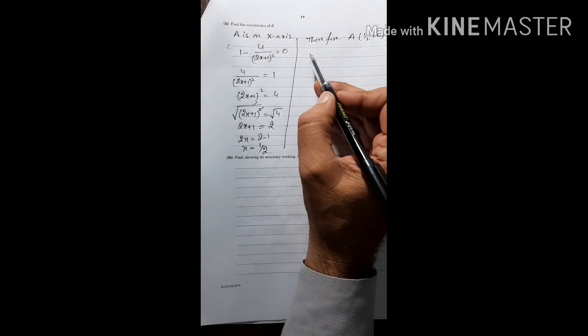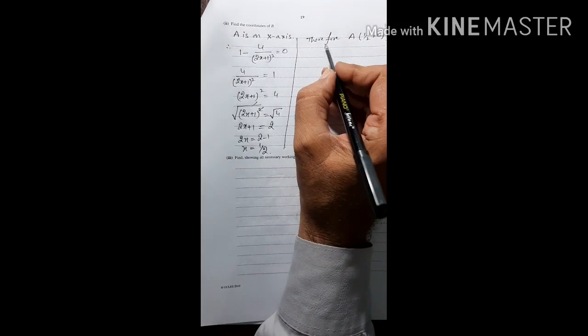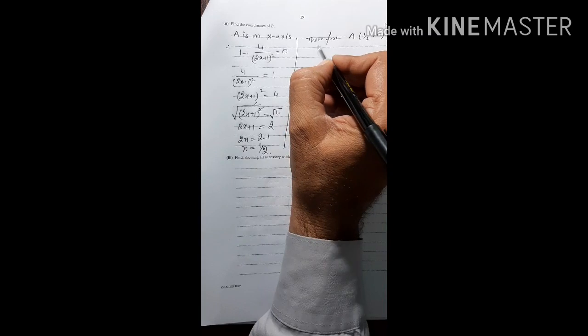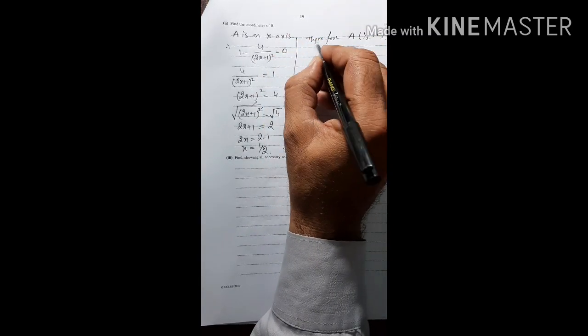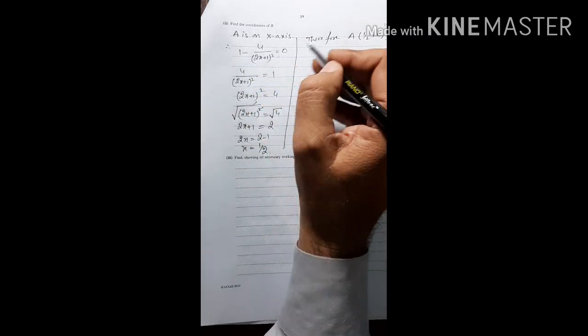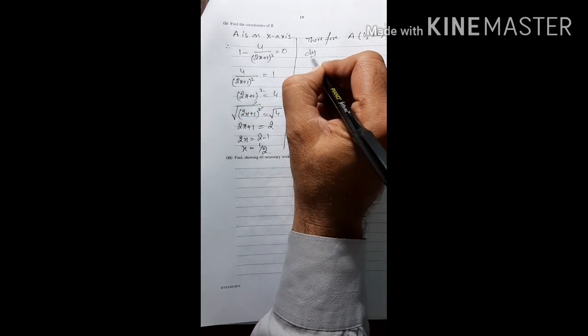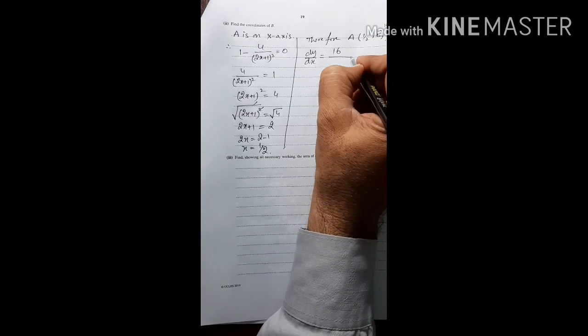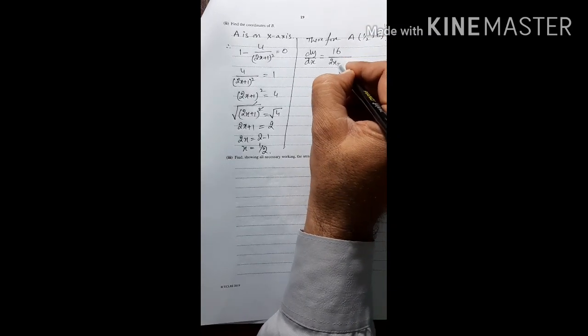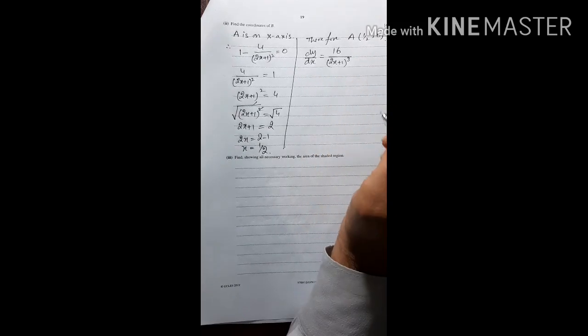Now I need to find the normal to the curve, and for the normal I need the tangent to the curve. The tangent is dy by dx. From part 1, dy by dx I have already calculated, so I'll use that value, 16 over 2x plus 1 power 3.